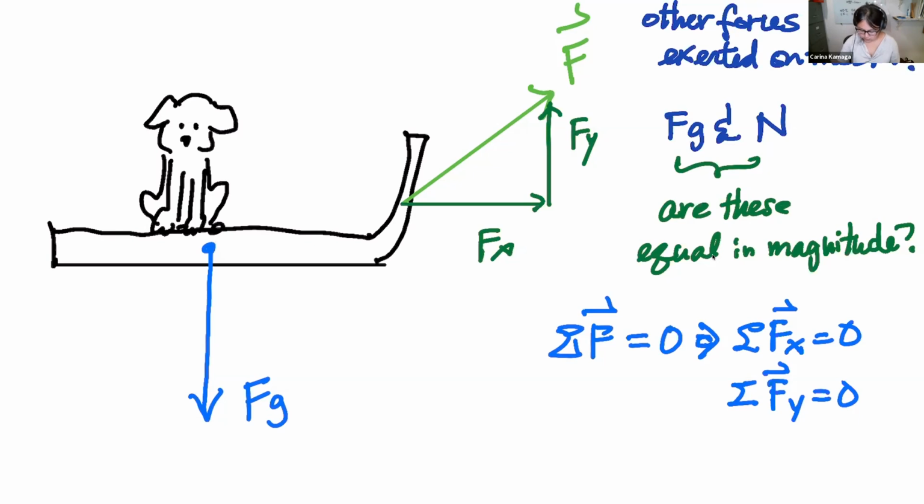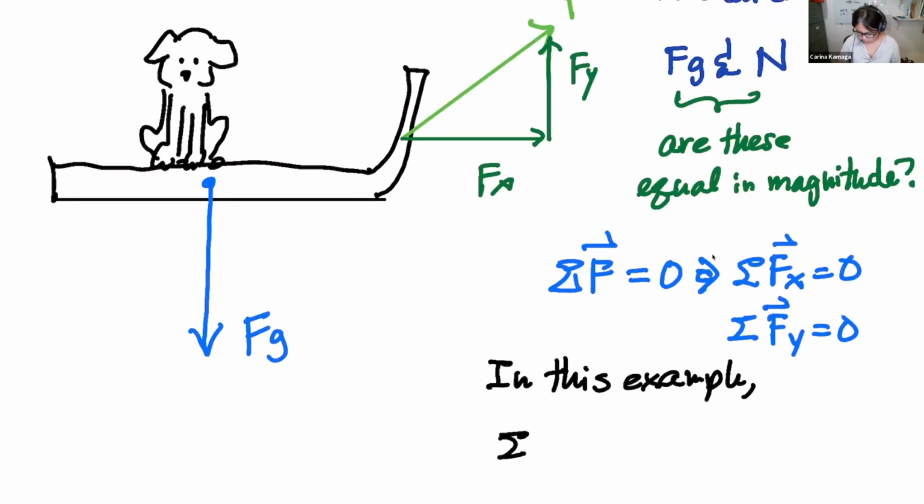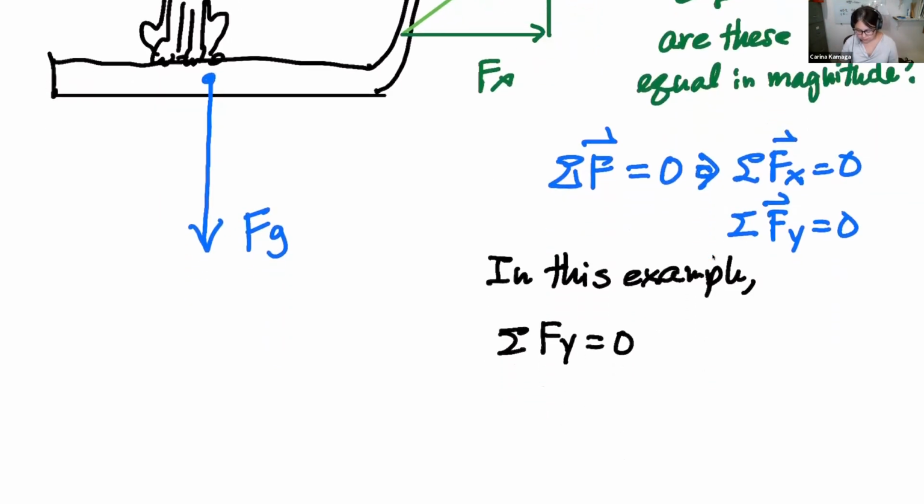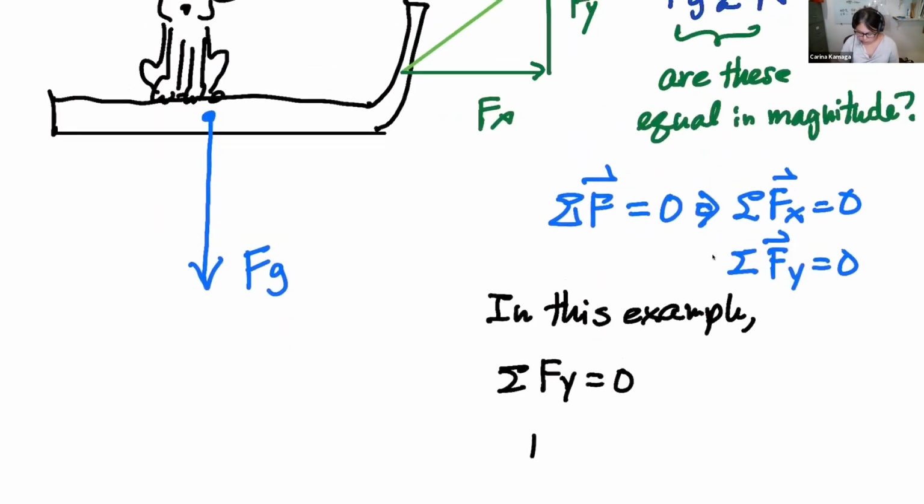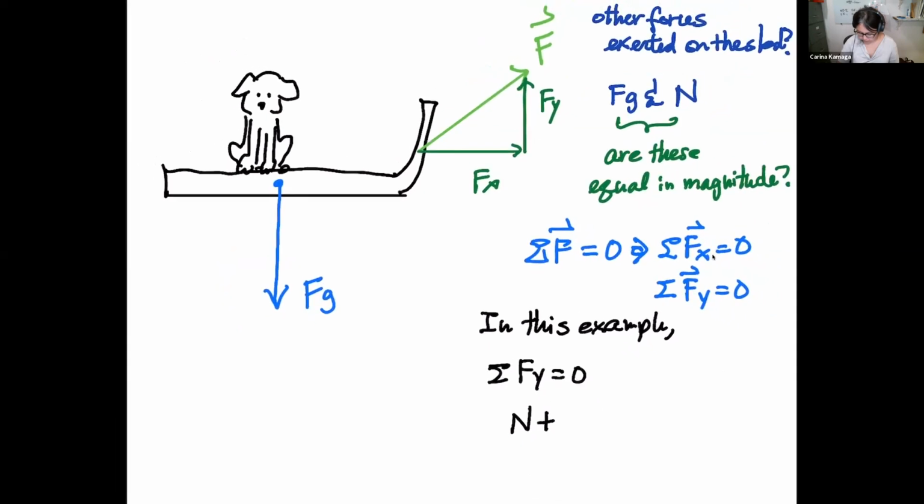In this example, the net force in the y direction is 0 because the sled doesn't go moving up and down. That means the normal force plus, this is confusing, the force Fy, which is this force, minus Fg equals 0.